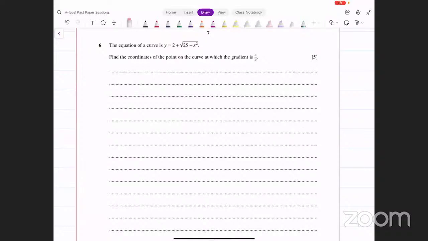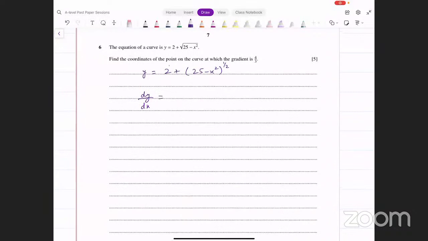Let's find the derivative. For that, let's first write it in power form. This is y equals 2 plus 25 minus x square whole raised to power 1/2. Let's find the derivative, dy over dx.